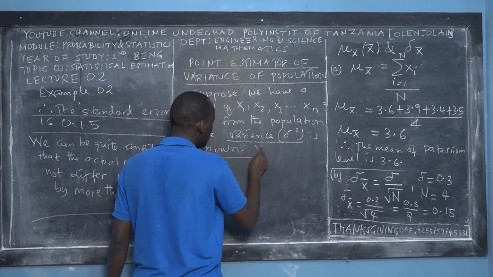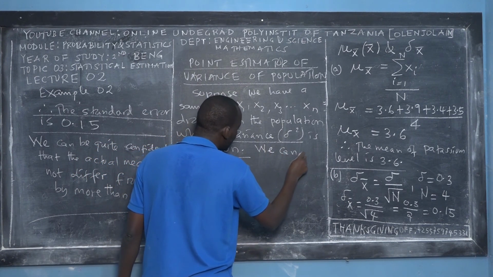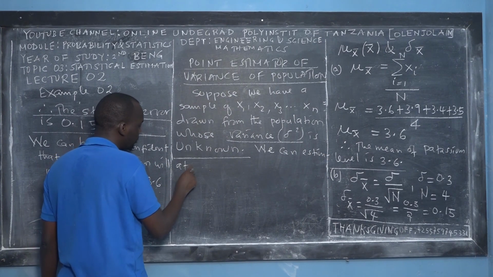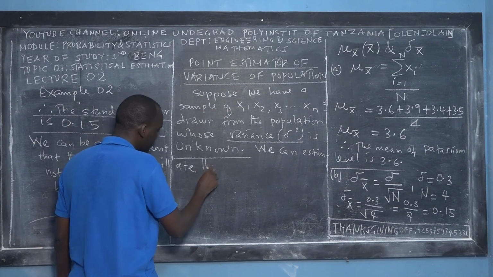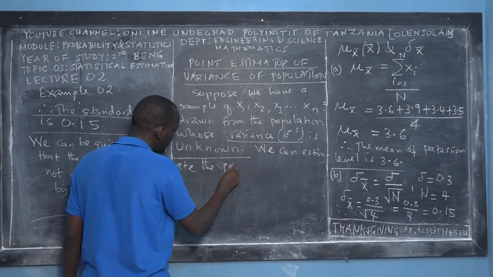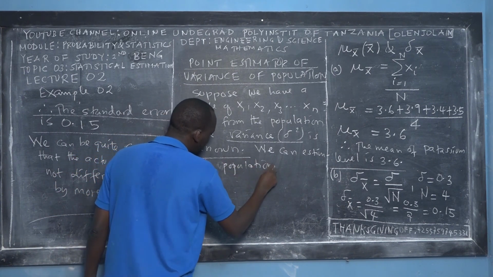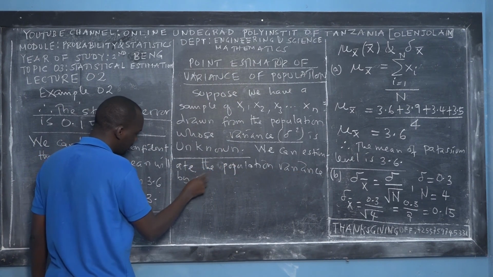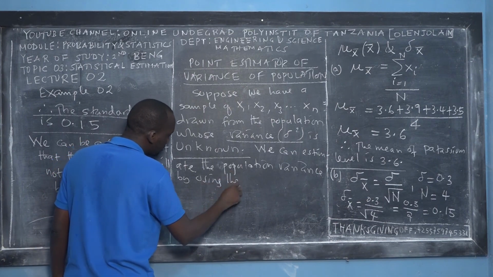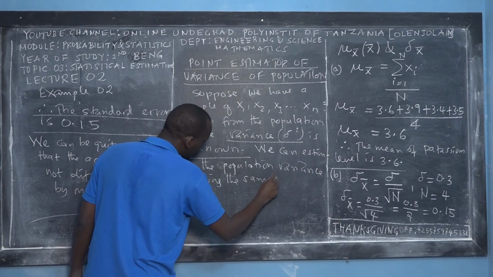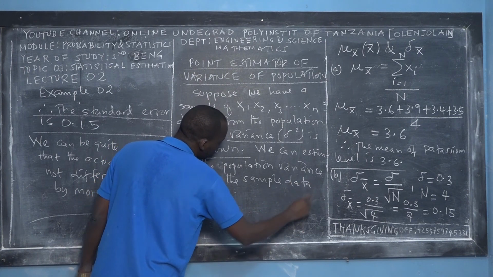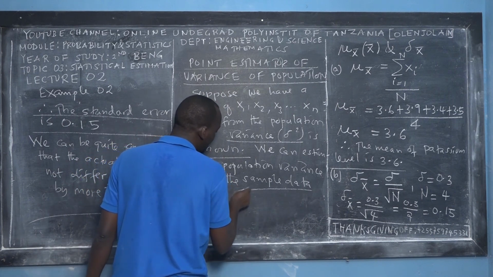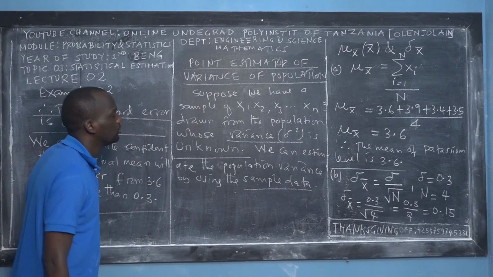So we say that we can estimate, the topic is called statistical estimation. We can estimate the population variance by using the sample data accurately. So how do we estimate?